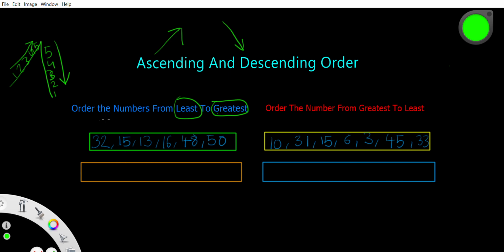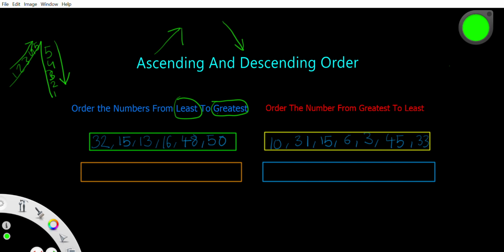So the way I do it is like this. I go 32. This is my contestant right now, and I know that 32 is bigger than 15. So we know that 32 is not going to be the least, is it? It's not, because it's already bigger than a number, and you can't be the least if you're already bigger than a number.